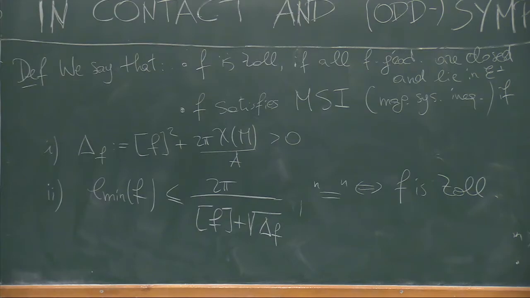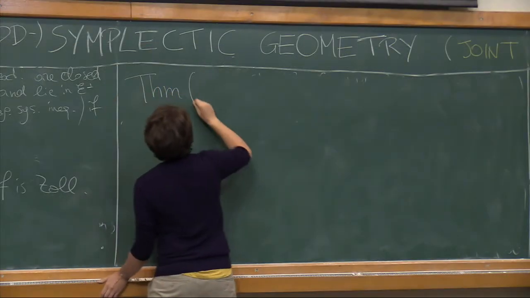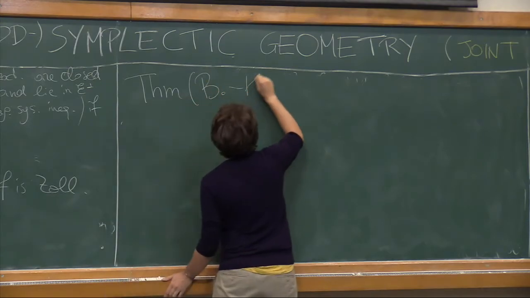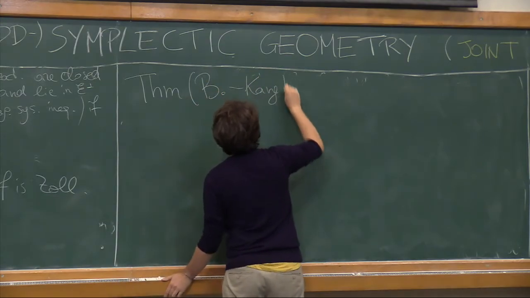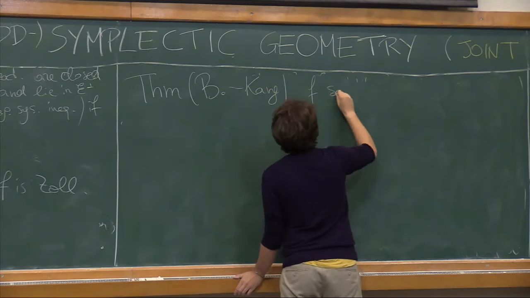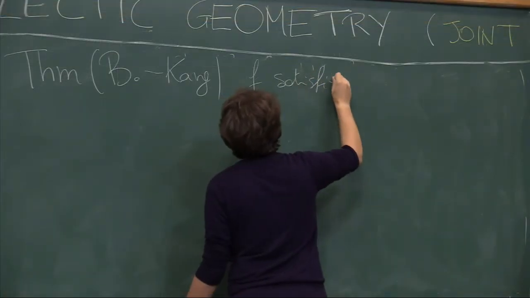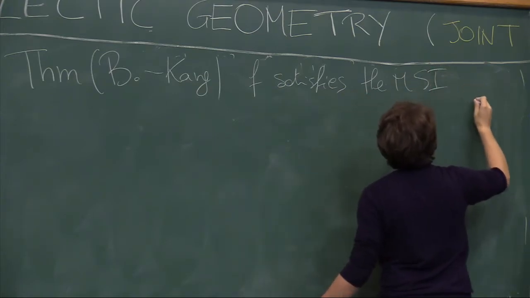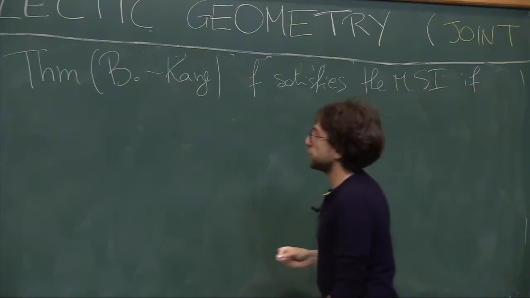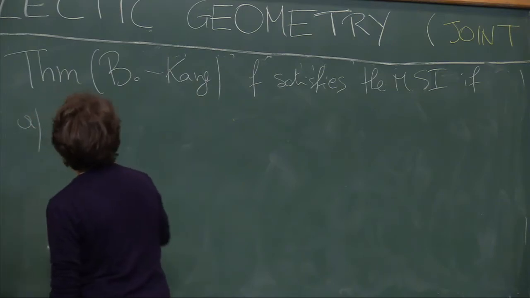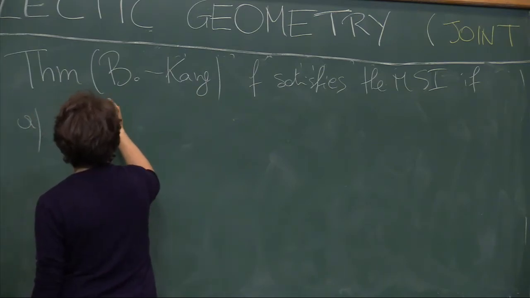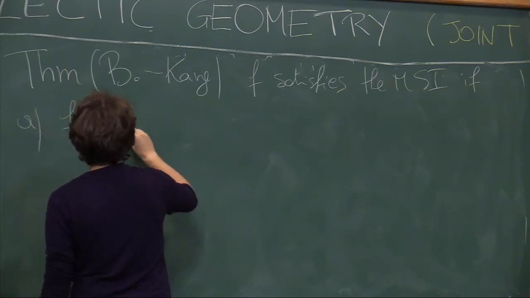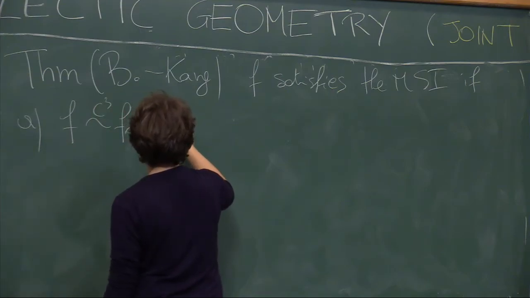Okay, so here's the theorem. f satisfies the magnetic systolic inequality if one of the two holds. First case, f is C3 close to f naught, Zoll.